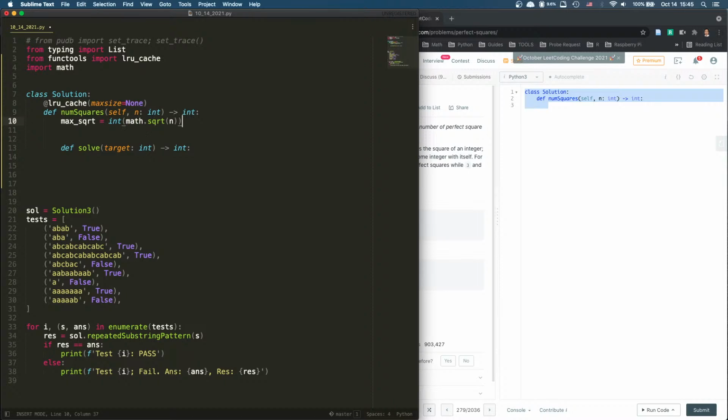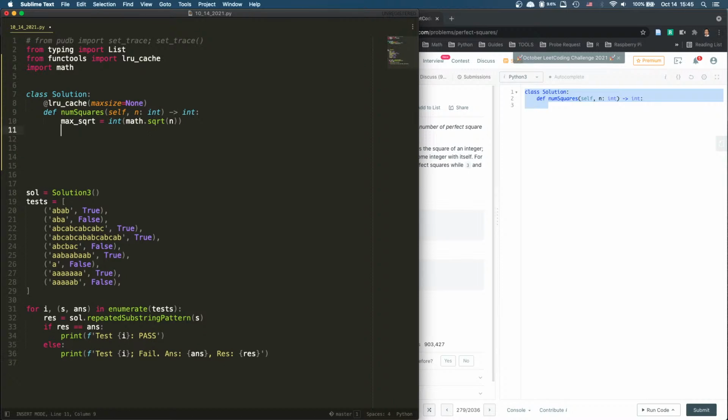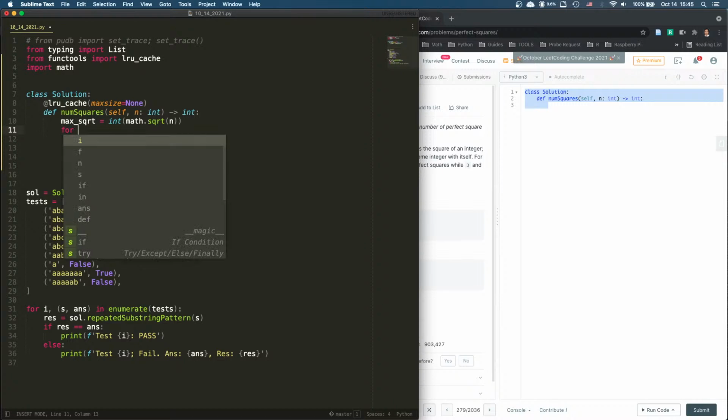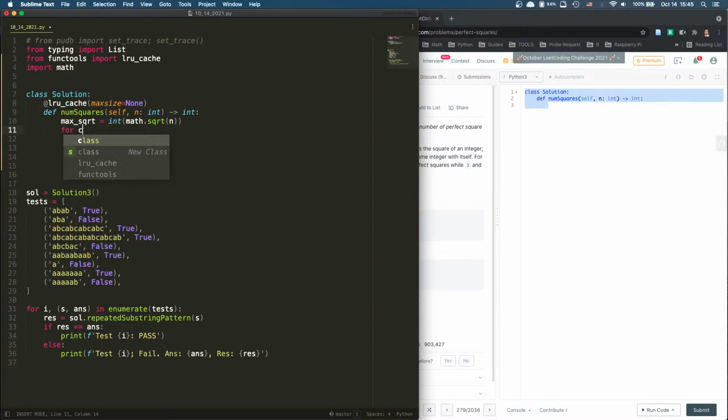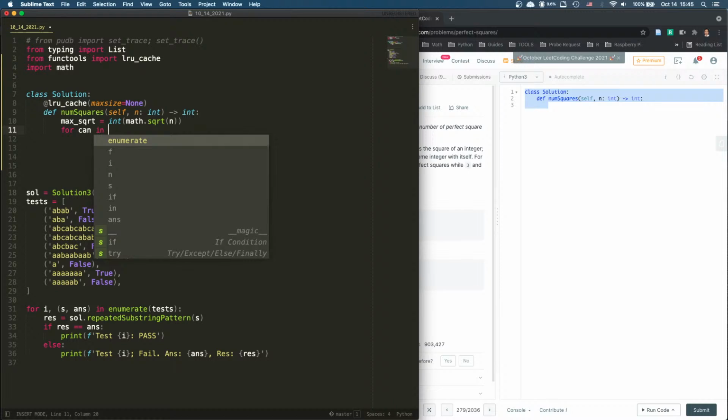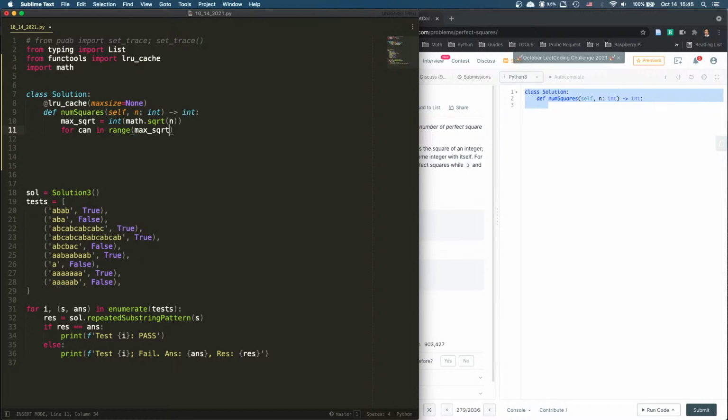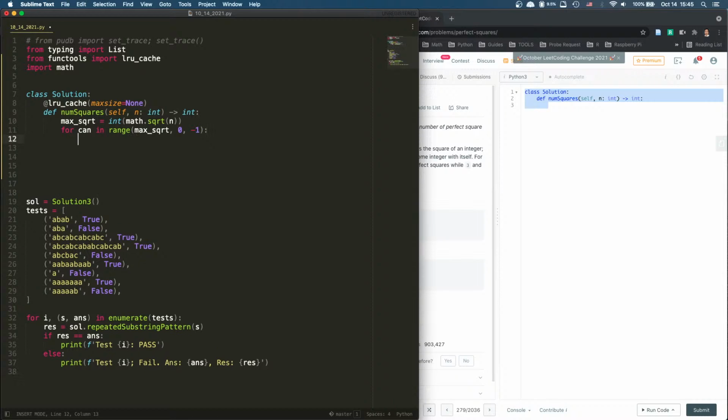And then let's just call it max sqrt, right? Max square root. And then all we need to do is for, let's say, candidate in range max square root, right? So max square root to 1. And that is going to be -1, right?